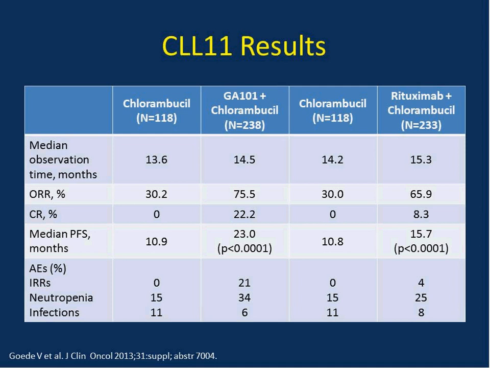The approval for GA101 came based on the median progression-free survival of 23 months versus 10.9 months. Infusion-related reactions occurred in 21% of patients. You can see a higher incidence of neutropenia. Infection risk is about the same between the 2 groups, but this is the data that allowed it to get approved.